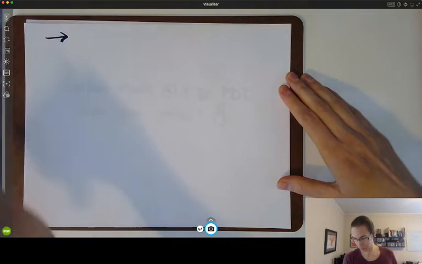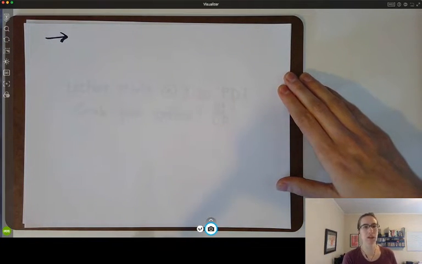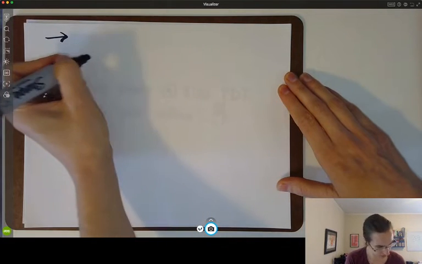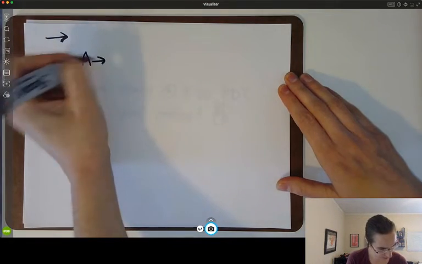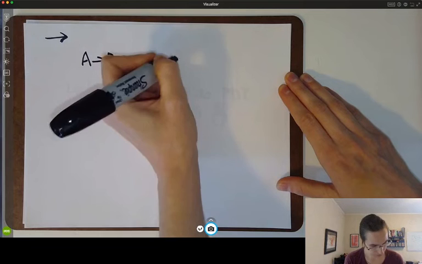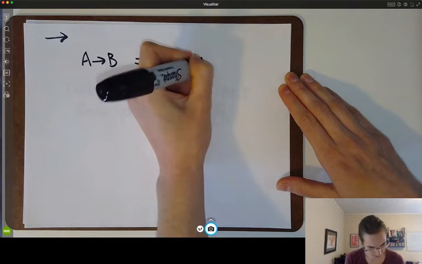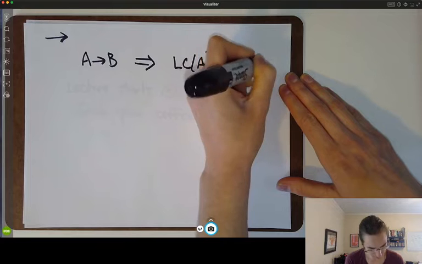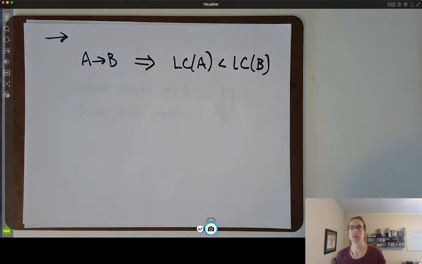The relationship between Lamport clocks and the happens before relation is this: if A happens before B, then that implies, this double arrow here is the implication arrow, that the Lamport clock of A is less than the Lamport clock of B. That was the quiz question last time: if you know that A happens before B, then what, if anything, do you know about the Lamport clocks of A and B? And this is what you know.